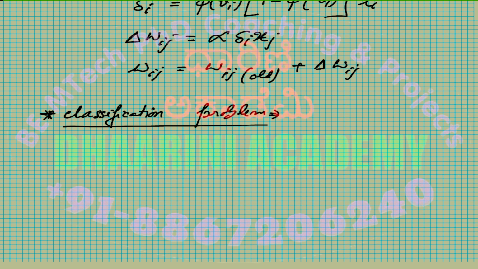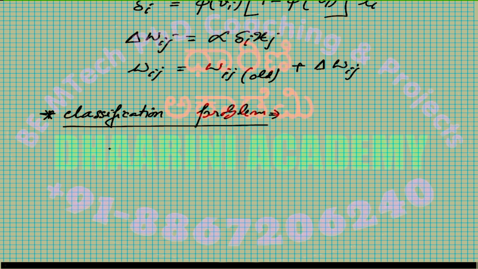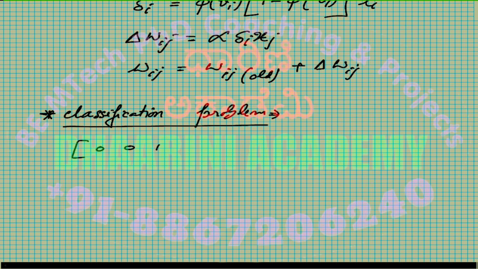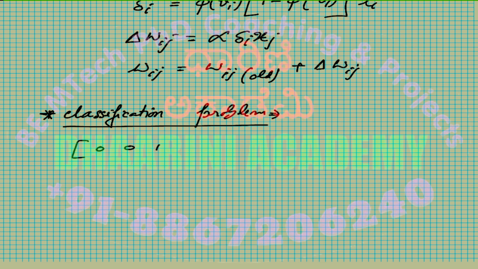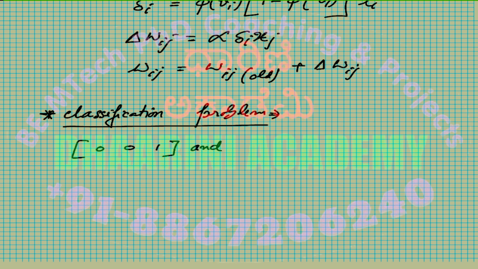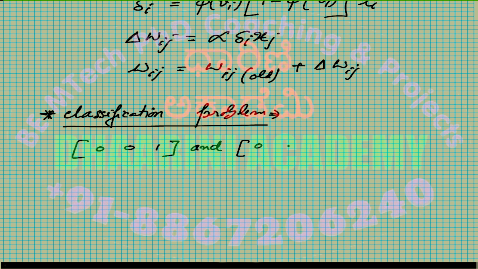For example, the first data is 0, 0, 1, and the second data is 0, 1, 1.